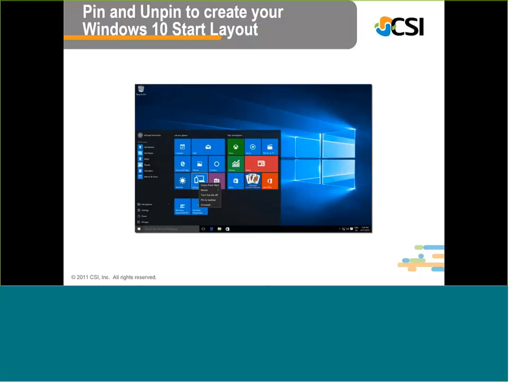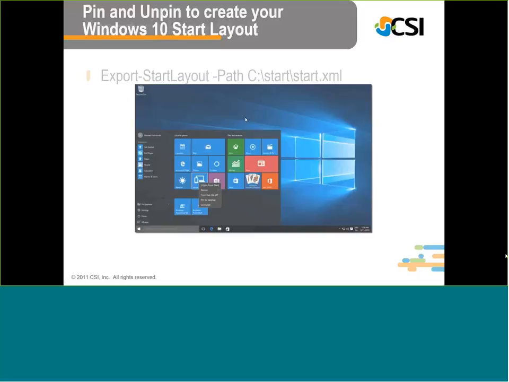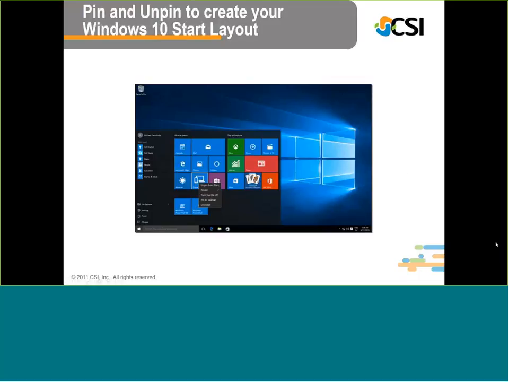Right-click pin, right-click unpin, get it however you wish it to be. Then go into PowerShell on a machine that you like and type this command and just give it a place to put it. I said C:\start.xml, but give it some place that you're going to export the configuration. These are the instructions for that.